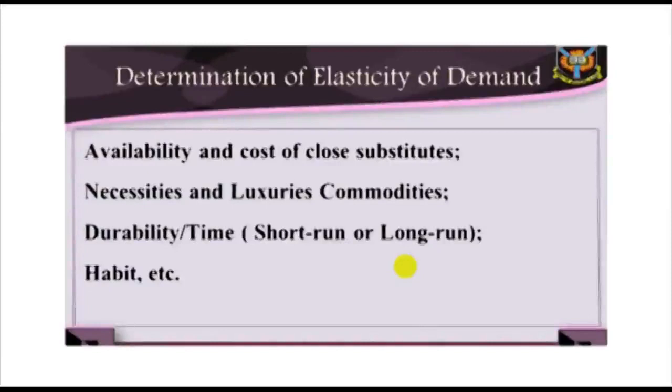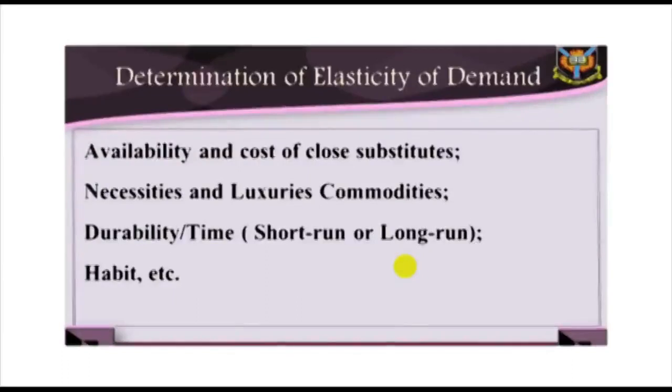On the other hand, luxury goods are dispensable, and hence when their prices rise, people will in fact dispense with them. Thus, they have a highly elastic demand, e.g., cars, shoes.